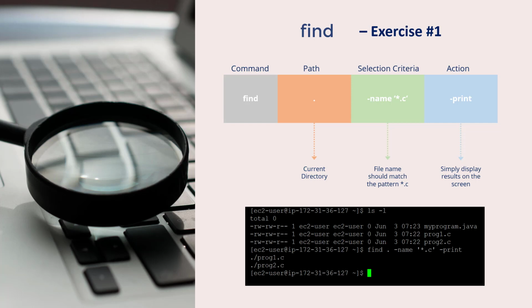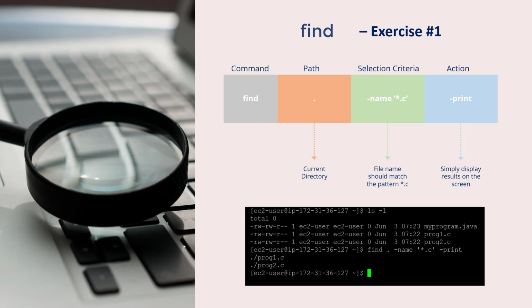In this exercise, that is exercise number 1, our path, which is in the orange box, is dot, which means that find is going to look for files in the current directory. Please note that find does a recursive search by default.